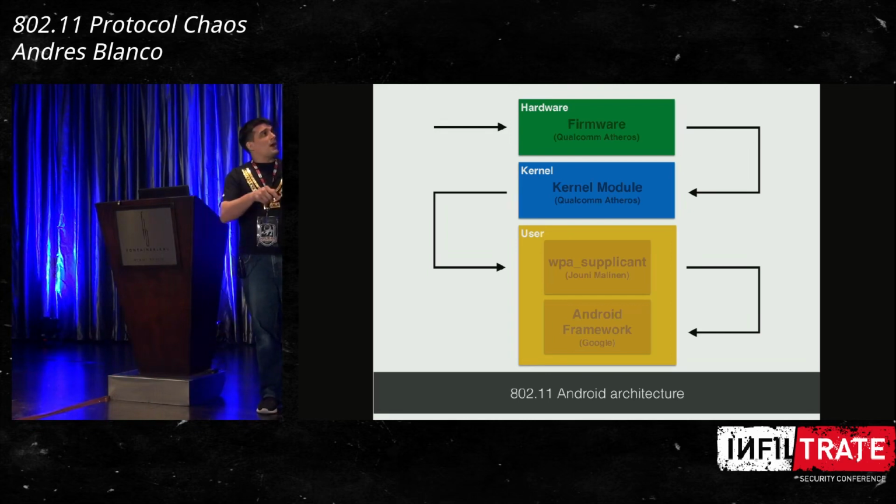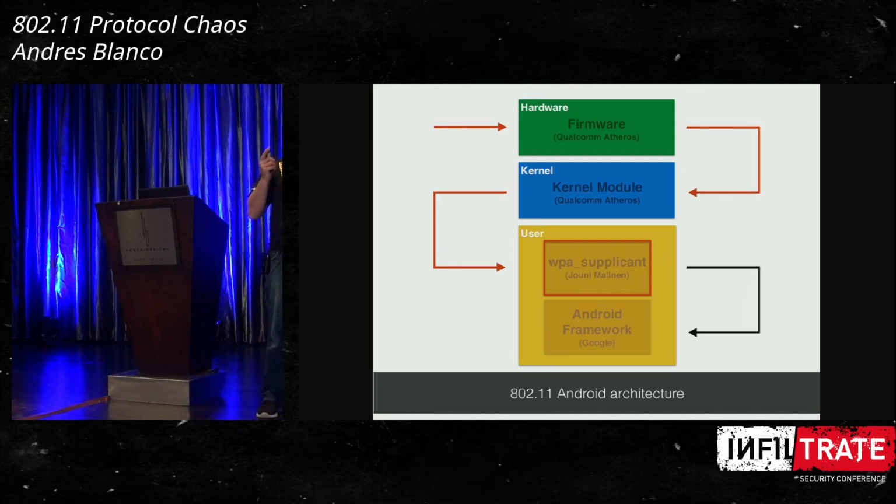We have a firmware that handles a part of the protocol in the chipset of the wireless network card. Then we have the kernel, that could be a kernel extension, kernel driver, or any kernel module. And then in user land we have the WPA supplicant and the Android framework. So the complex thing to understand here is that not everything is handled by one thing.